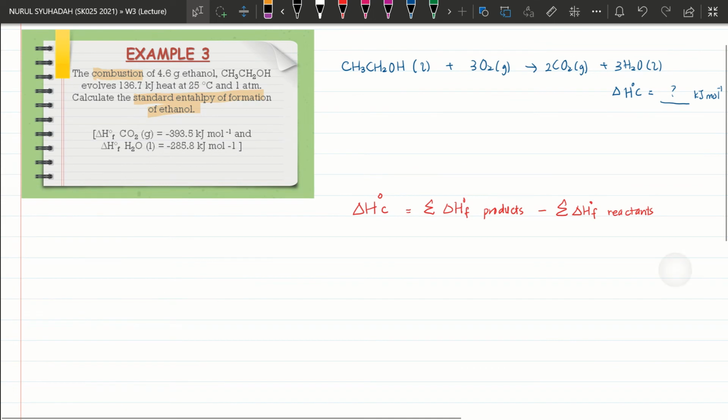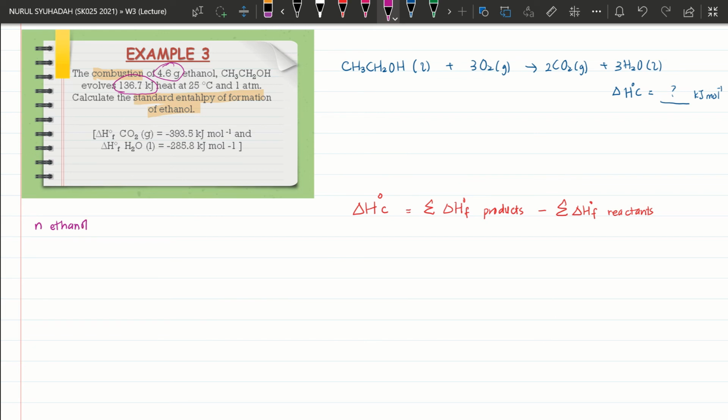So to find that value, the information that's given to us is this. The question said that the combustion of 4.6 gram of ethanol evolved 136.7 kilojoule of heat. To find 1 mole of heat release, we need to use this information. How are you going to use this information? So find first the number of mole of ethanol.